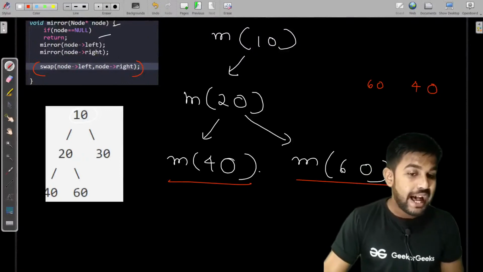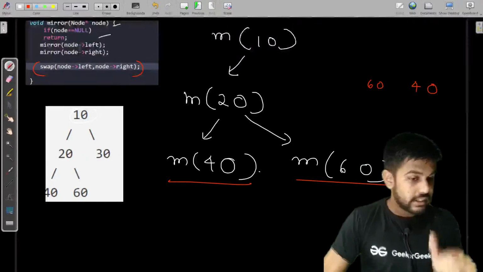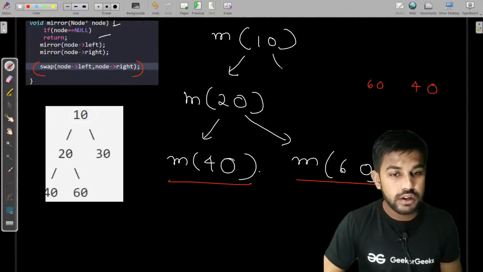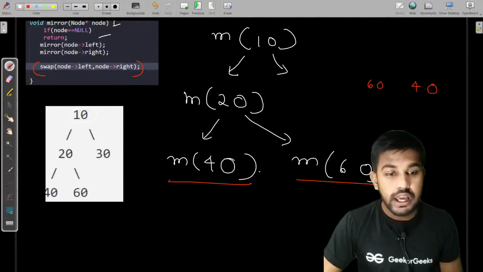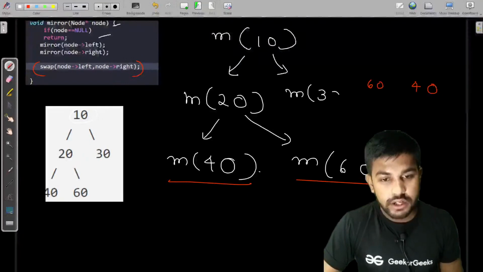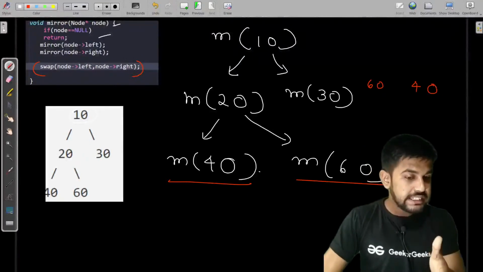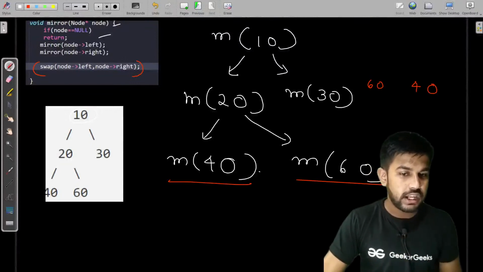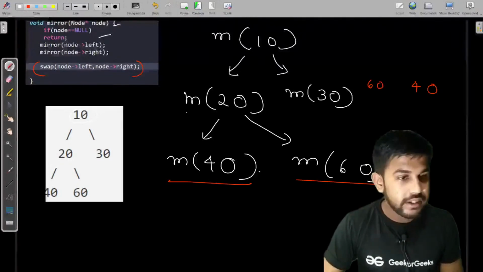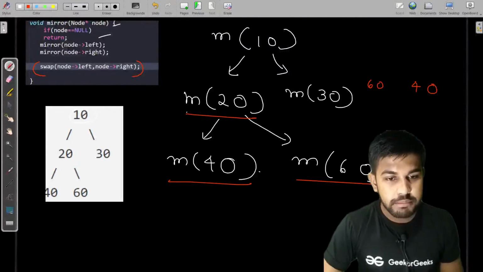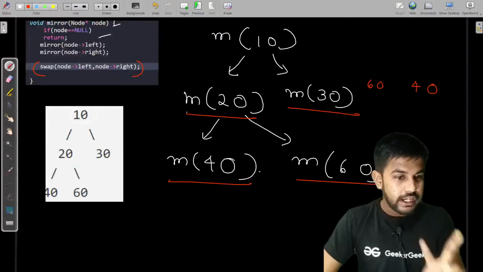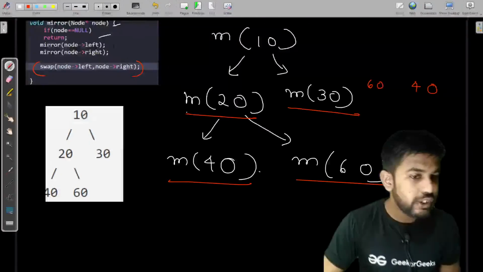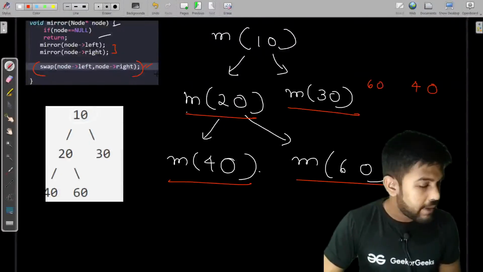Now, as this is complete, 10's left tree is complete, we would just go to the right subtree. Okay, then we would come to m dot 30. m dot 30's left child is null as well as right child is null. So this is also complete. So we would just mark this is complete and this is also complete. Now we would just do the swapping of this, because if these two are complete, then we would come at this position.